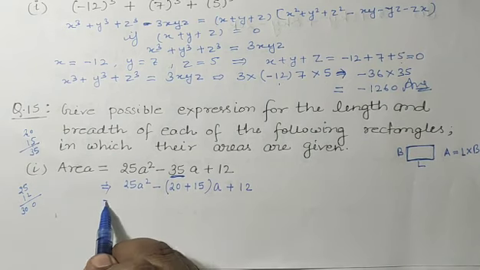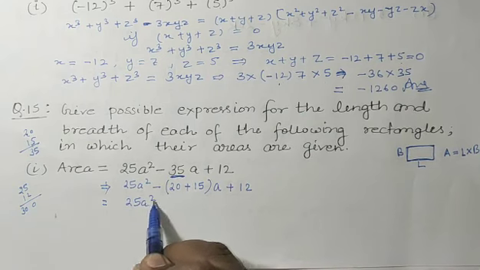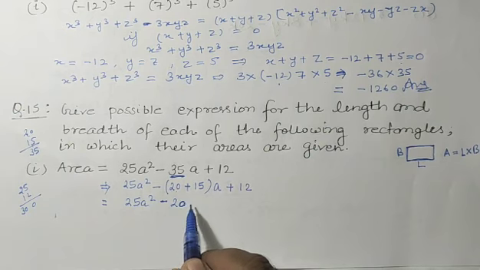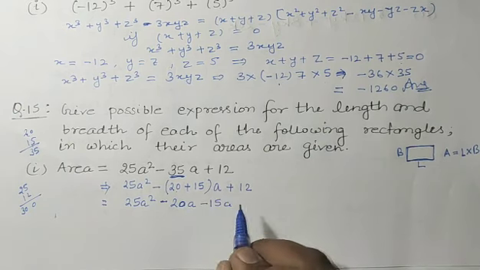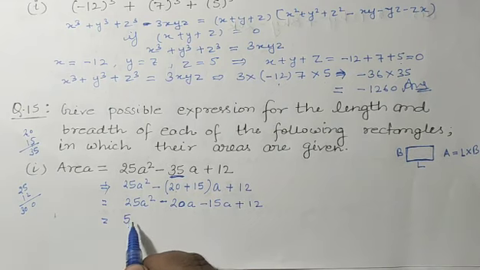Okay, now students, we will open the bracket: 25a square minus 20a minus 15a plus 12. Now see, in these two what maximum term can we take common? We can take common 5a.